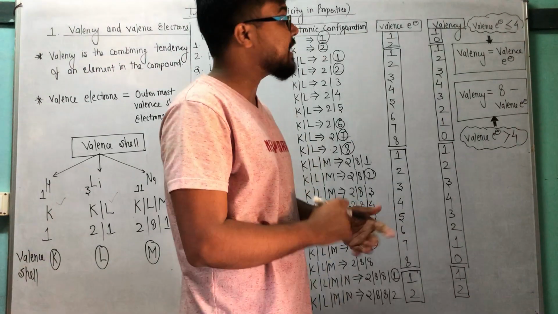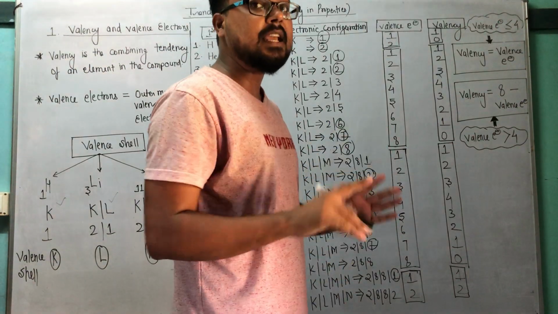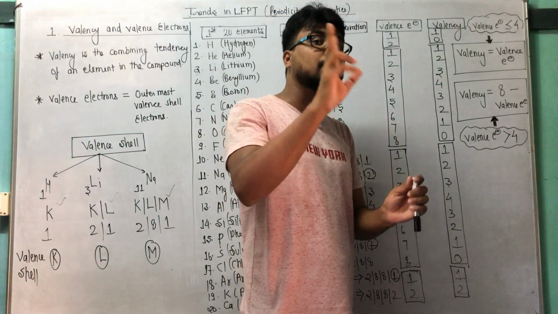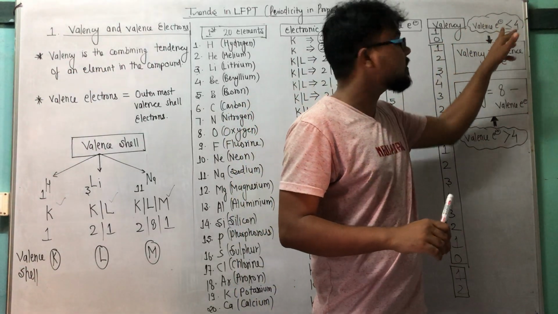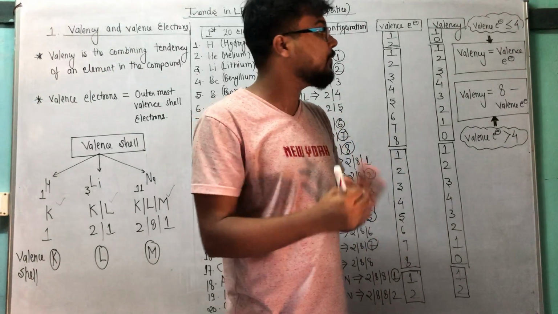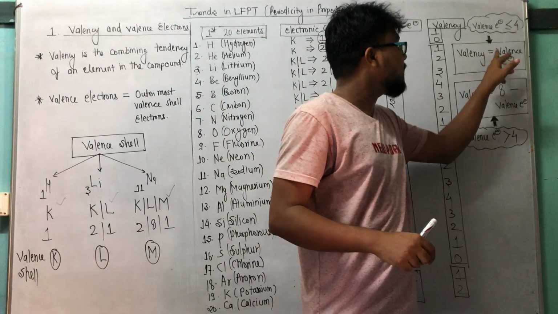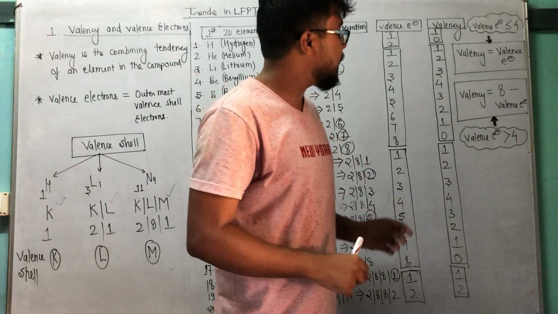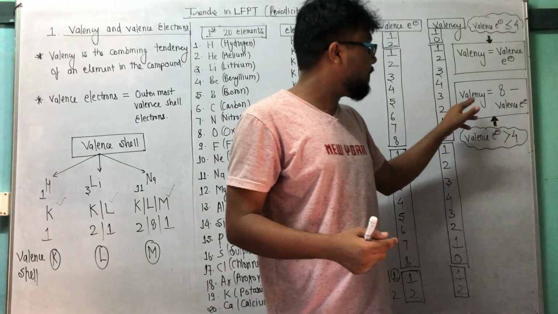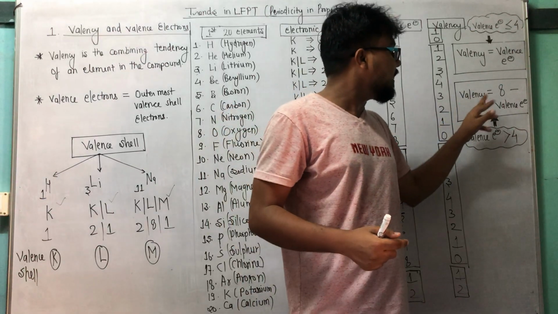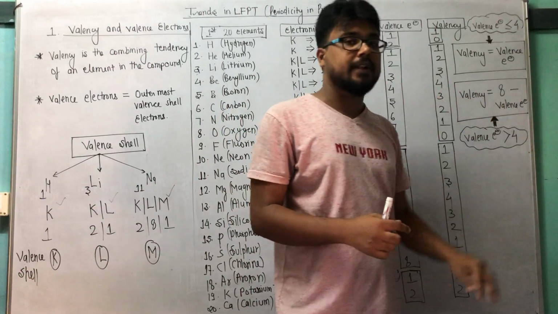Correct? Now it's time for valency. For valency we will use 2 tricks, 2 formulas. If valence electrons are equal to or less than 4, then valency is nothing but the number of valence electrons. Correct? And if valence electrons are more than 4, then we will use valency equal to 8 minus valence electrons.